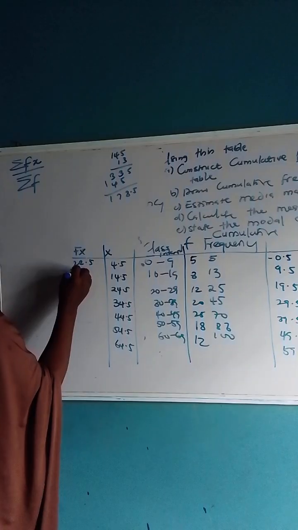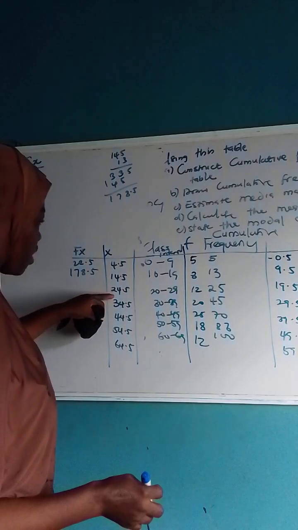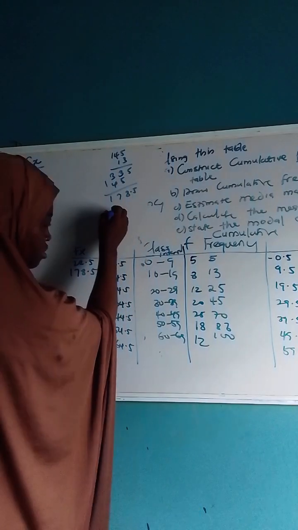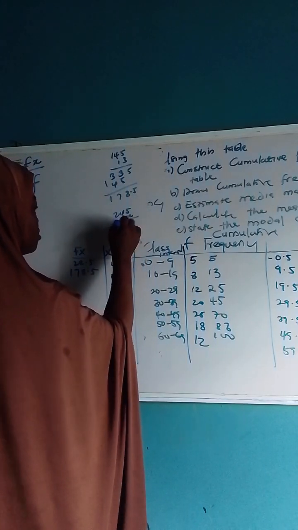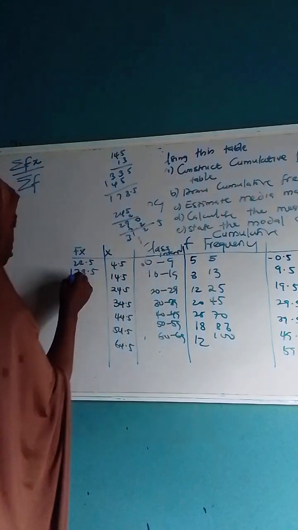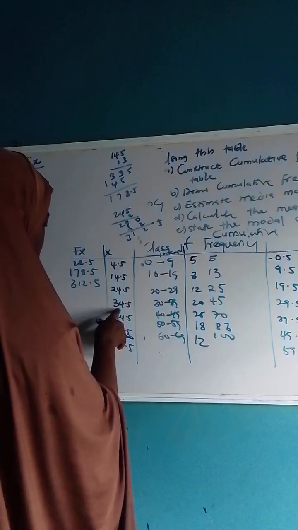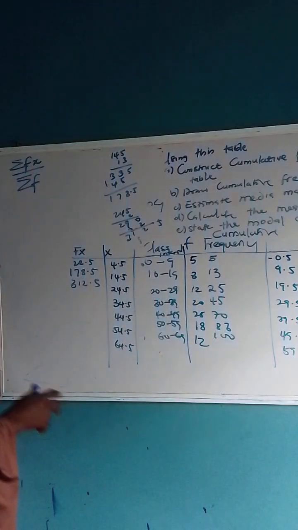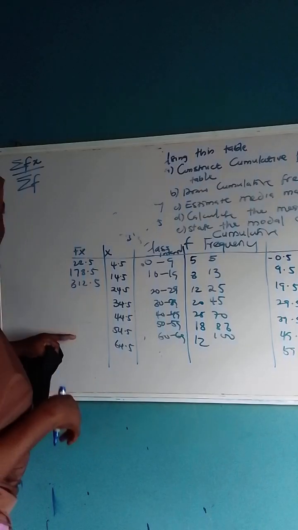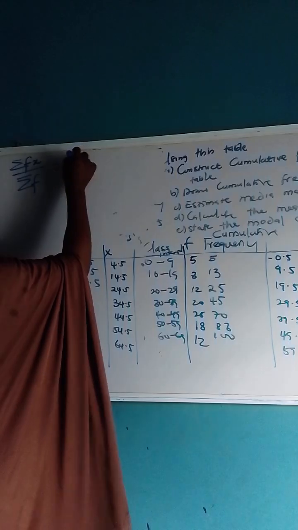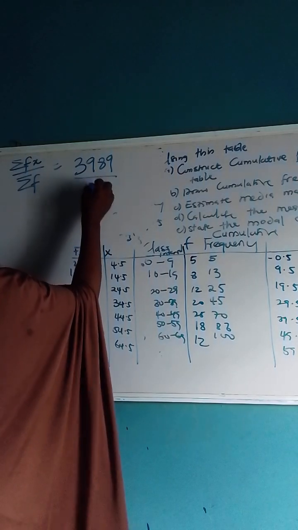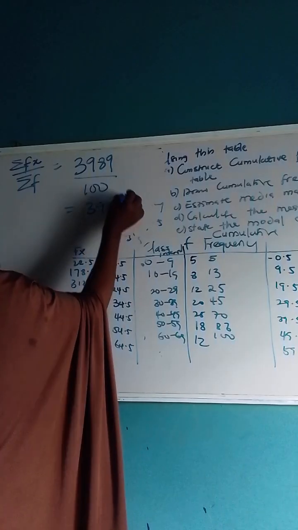If you keep on multiplying, doing the same thing to each one, you keep on multiplying. After the multiplication, we are going to add everything together. After I multiply everything together, it gave me 3989, and the summation of f is 100. So it now gave me 398.9. So that's our mean.